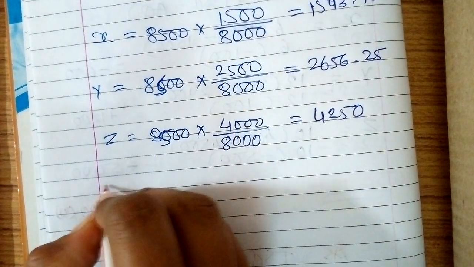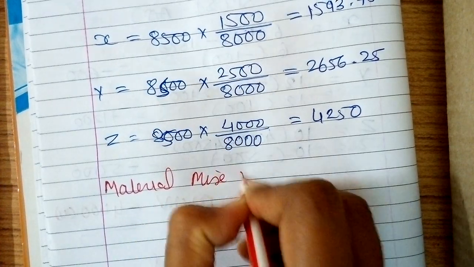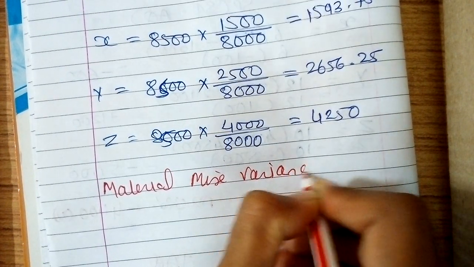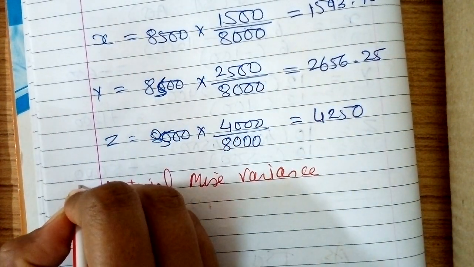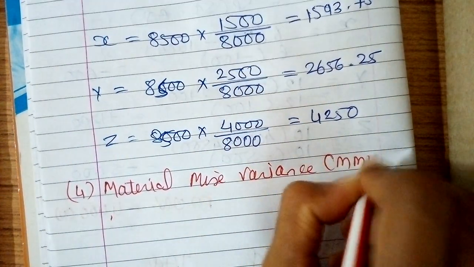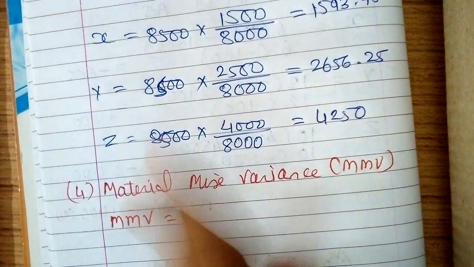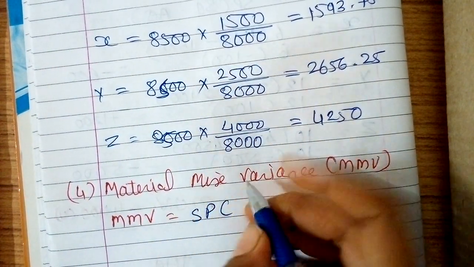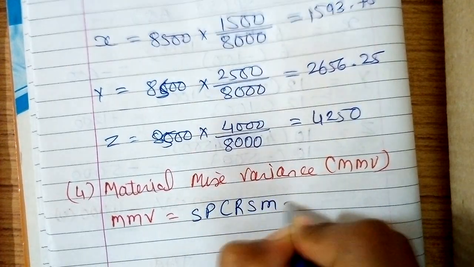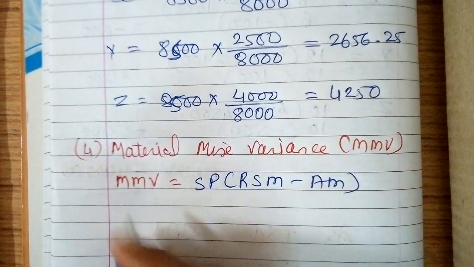Now we have to calculate material mix variance. Fourth, that is MMV. So MMV will be standard price into revised standard mix minus actual mix. Mix means quantity.